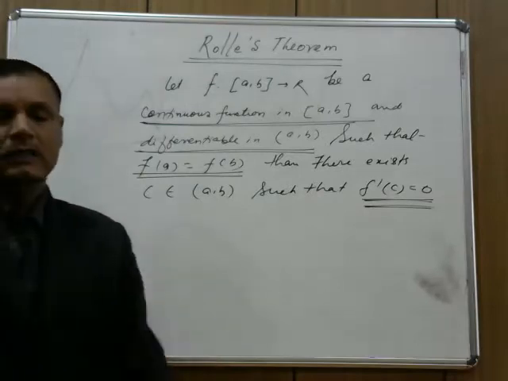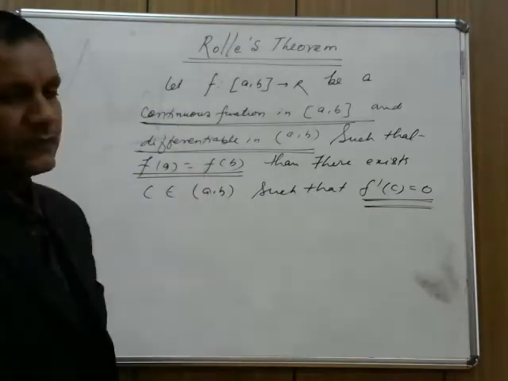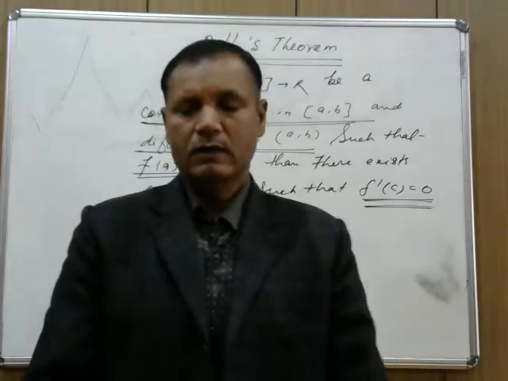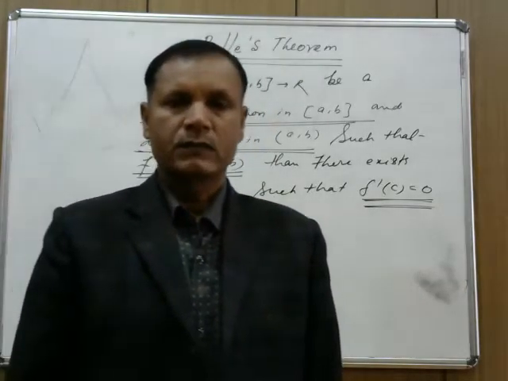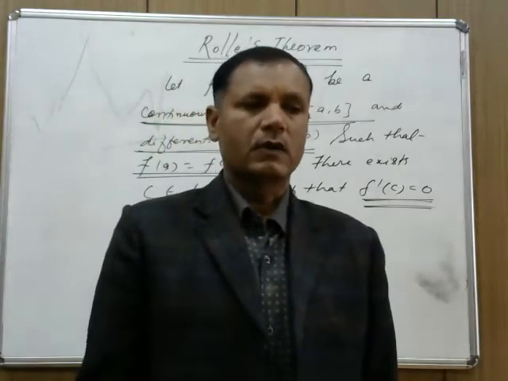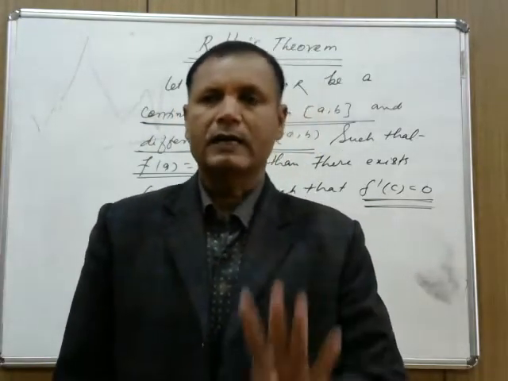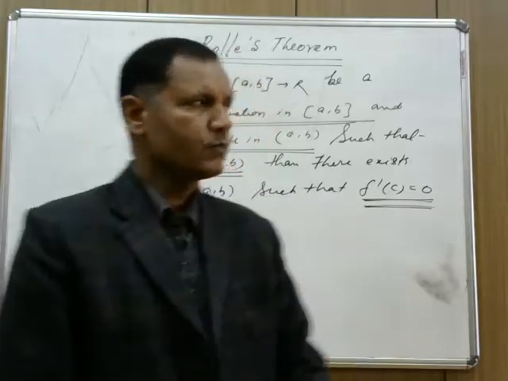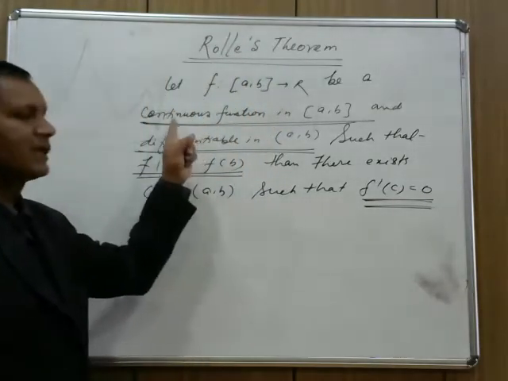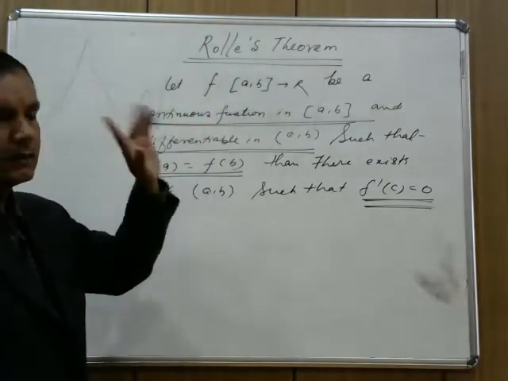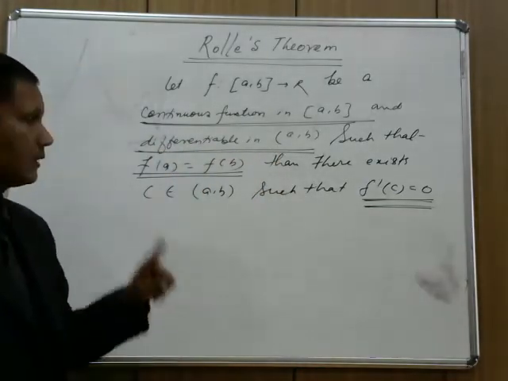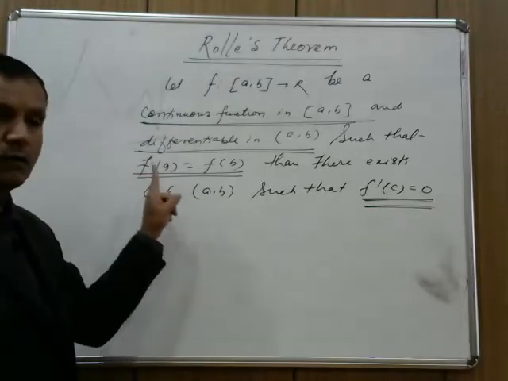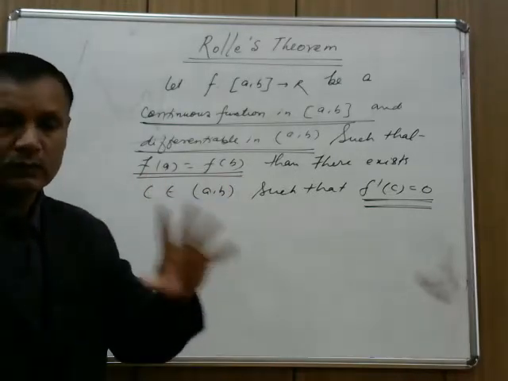That means whenever you are asked to verify whether the given function satisfies Rolle's theorem or not, you have to check these four points. First, check whether the given function is continuous and differentiable. If it is, the third point, check whether the values of f of a and f of b are equal.